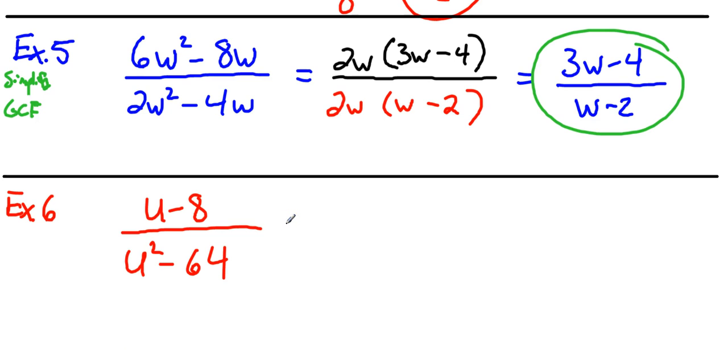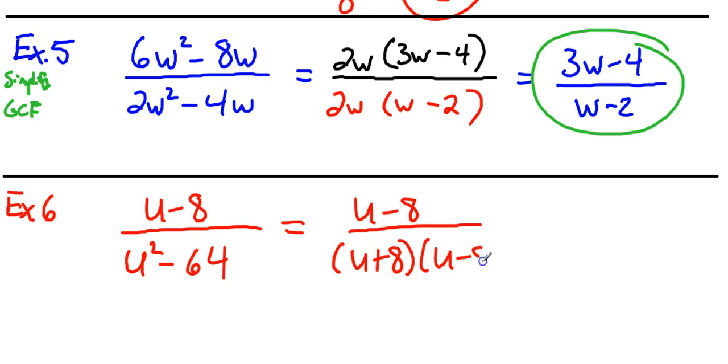Before you do anything at all in this one, again, you have to factor. So when you've got the U minus 8 on top, nothing you can do there. But the bottom is a difference of two perfect squares. So that's U plus 8, U minus 8.